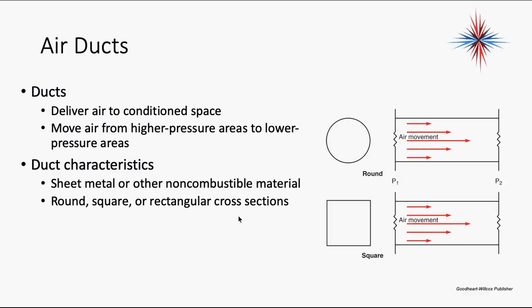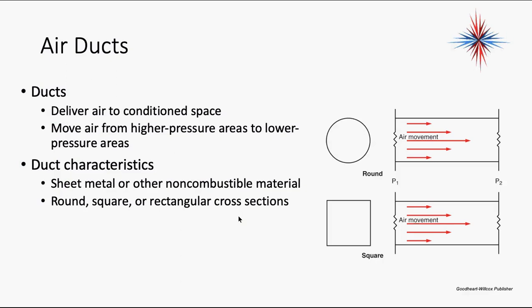Ductwork delivers air to the conditioned space. We probably all know that. You have two ways of heating and cooling a space, through water or air. If you have pipes all over your house, you're heating with water, and you might not have ductwork unless you have air conditioning as well. Ducts deliver the air to the conditioned spaces. It moves air from a higher pressure area to a lower pressure area.